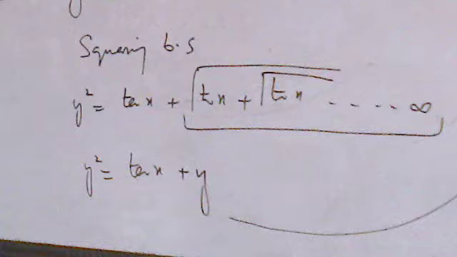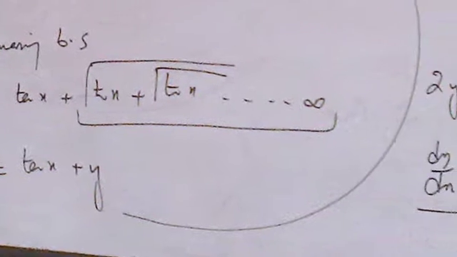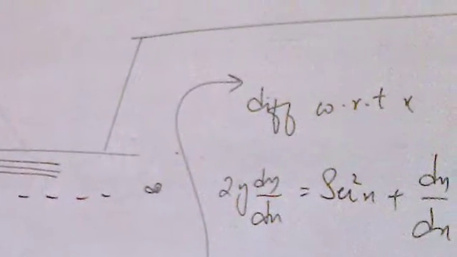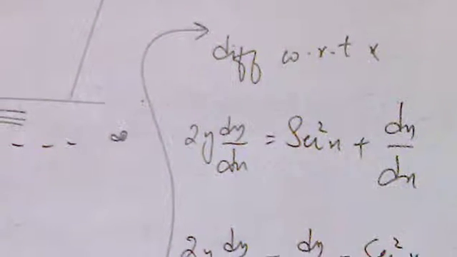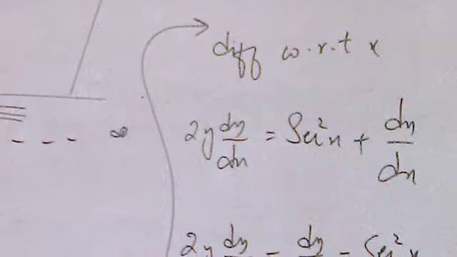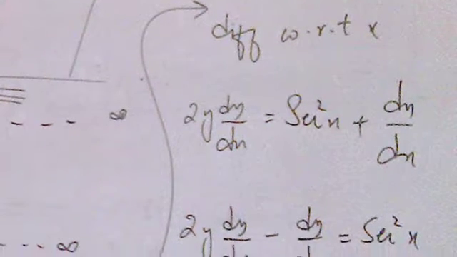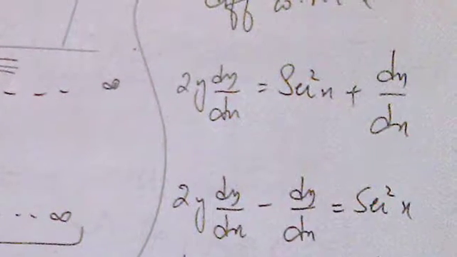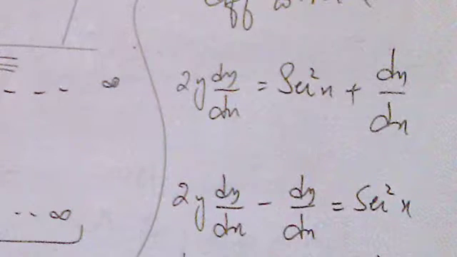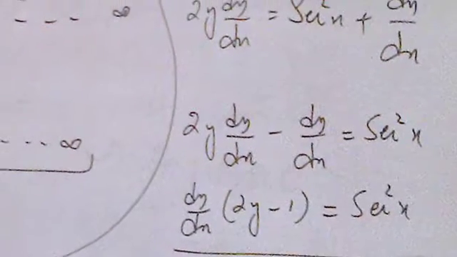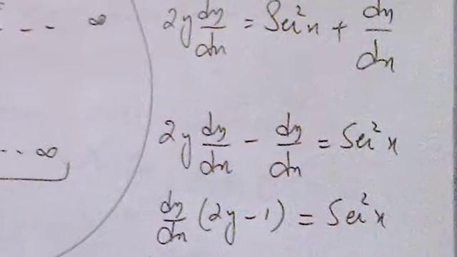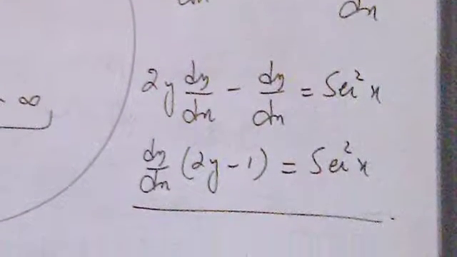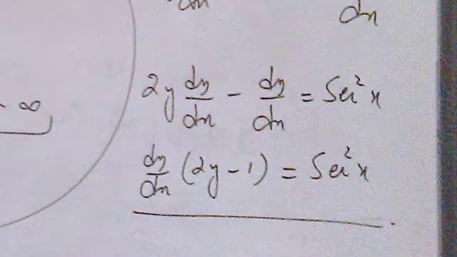Now we differentiate this. The derivative of y square is 2y dy by dx, the derivative of tan is secant square, and the derivative of y is dy by dx. We move dy by dx to the left hand side, take it common, and this is the answer.